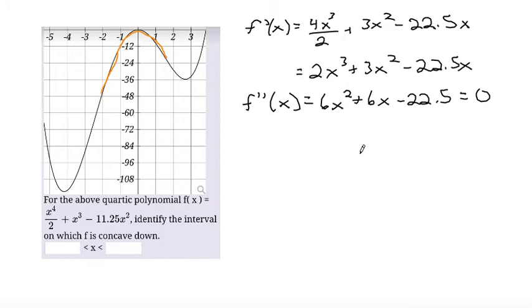We could try factoring it, but it looks a little bit difficult to factor. So let's use the quadratic formula. x is equal to negative b, so negative 6, plus or minus the square root of b squared, 6 squared, minus 4 times a times c, all over 2 times a.